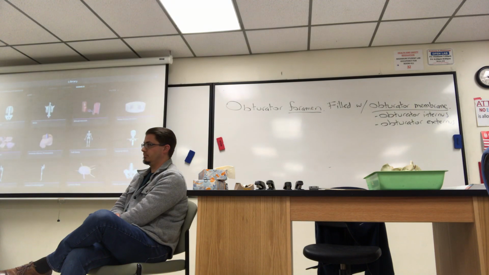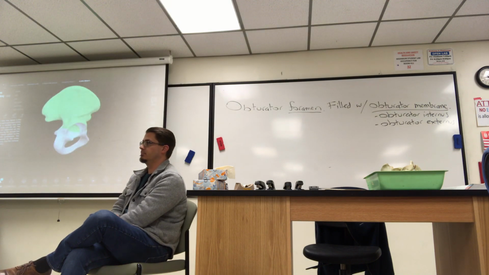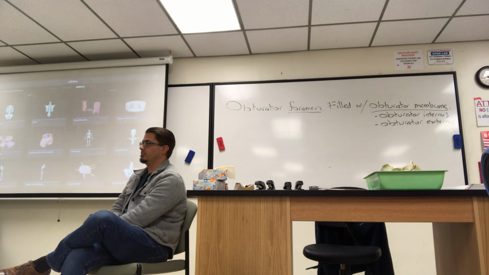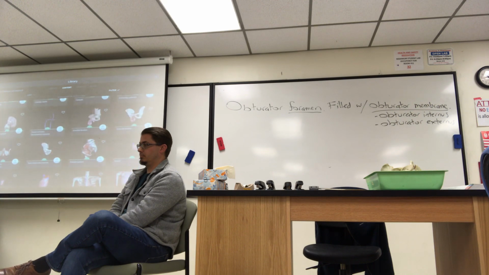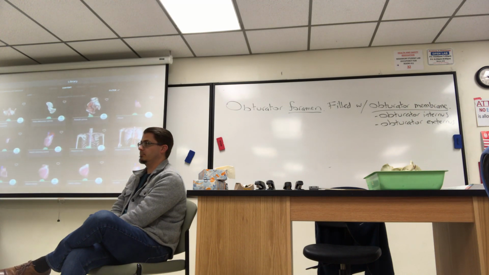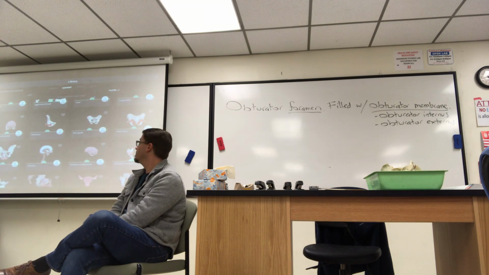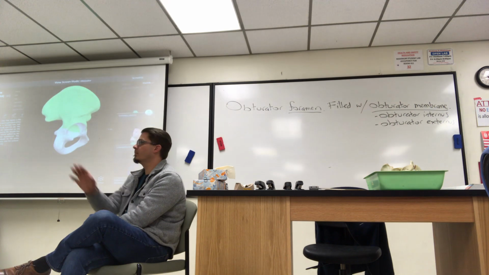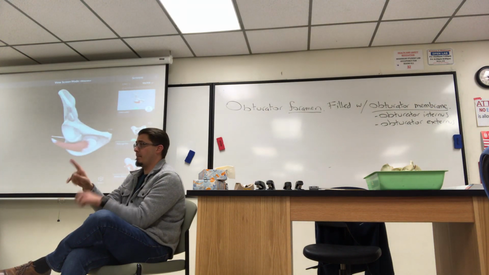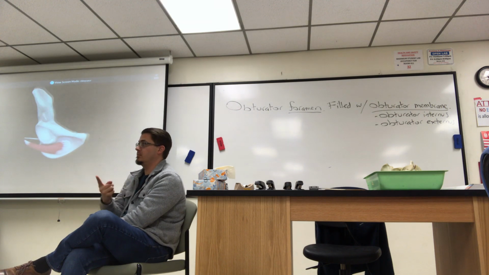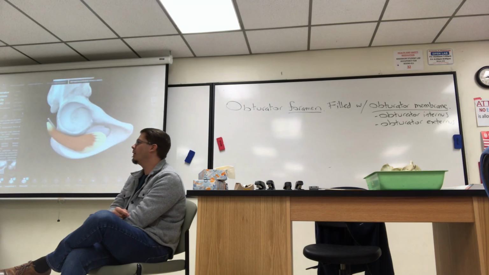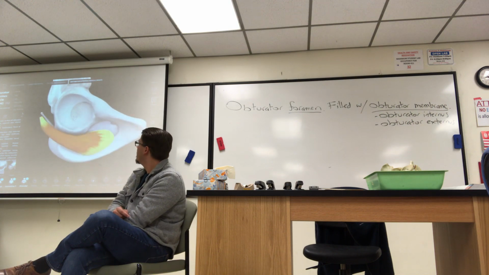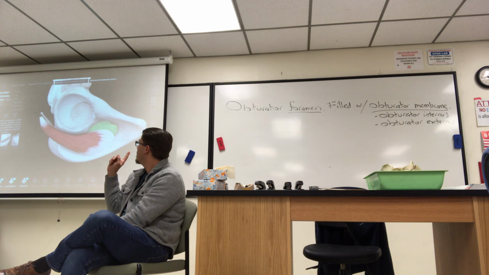Let's see, where is it? So that muscle highlighted is the obturator externus. And there's the obturator membrane filling the obturator foramen.